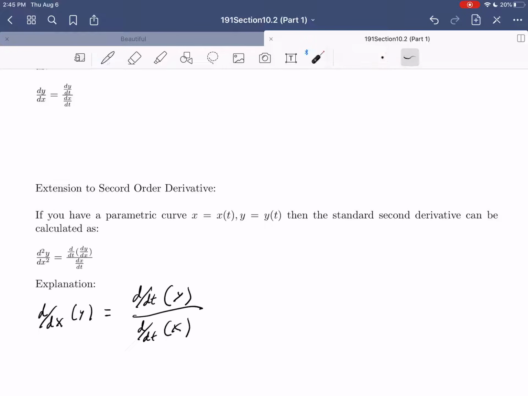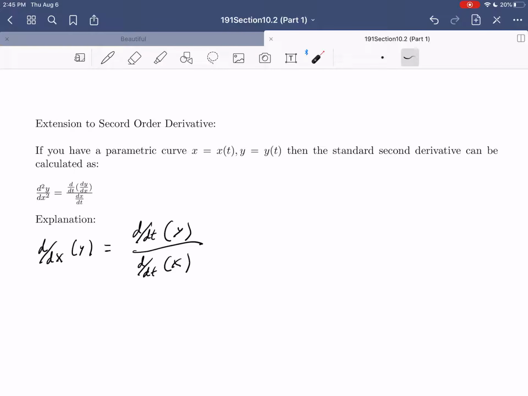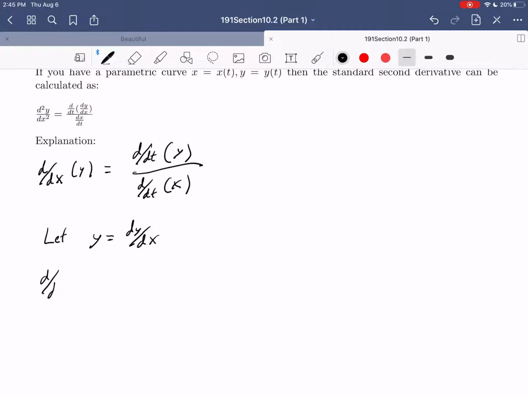That's just writing out what we originally had here. So now let's go ahead and let y equal dy/dx. Then you'd have the derivative with respect to x of dy/dx would be the derivative with respect to t of dy/dx divided by the derivative with respect to t of x.